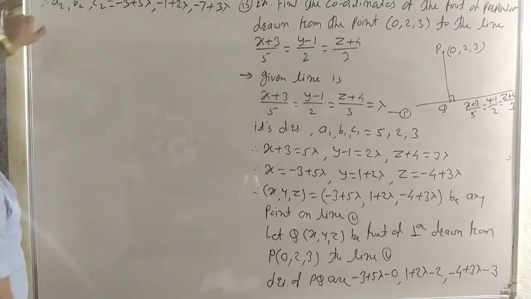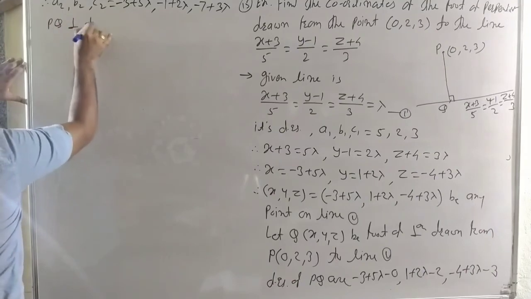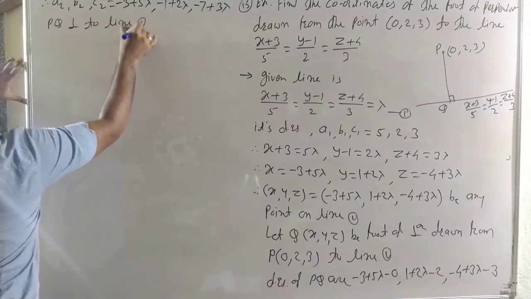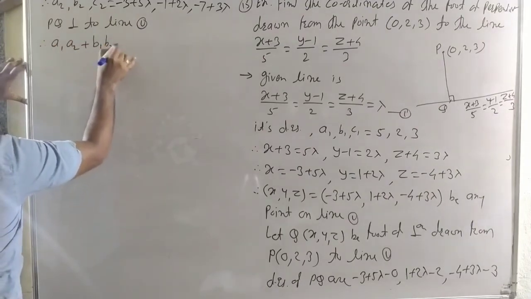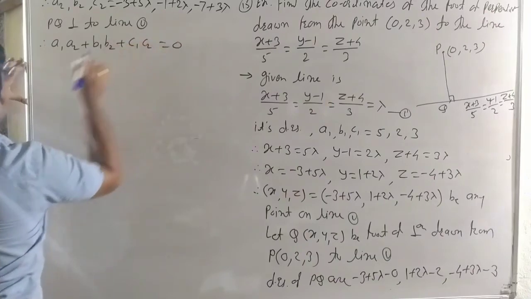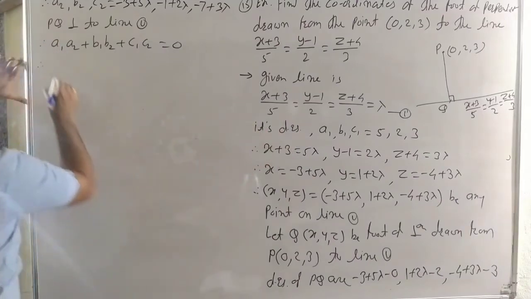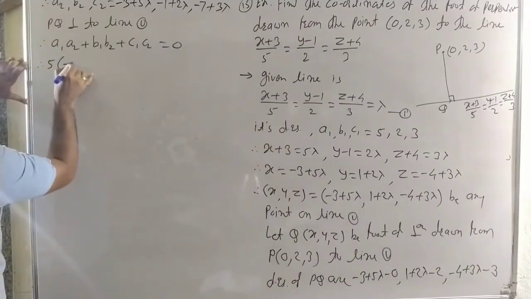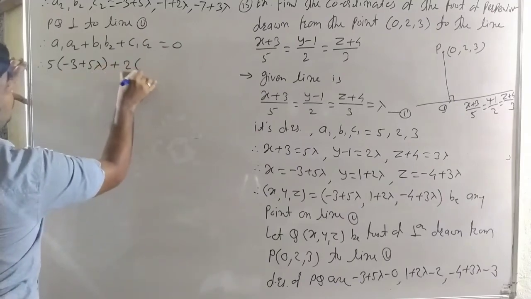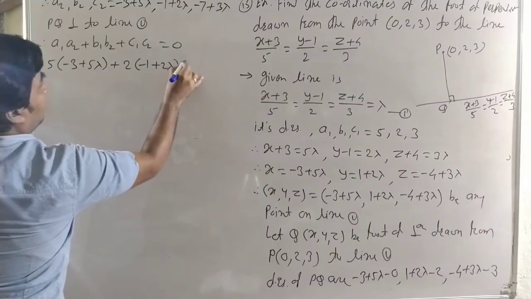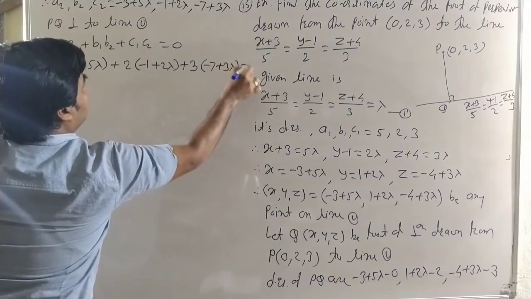Here we know that PQ is perpendicular to line 1, and therefore we can write A1A2 + B1B2 + C1C2 = 0. With A1, B1, C1 as 5, 2 and 3: 5(-3 + 5 lambda) + 2(-1 + 2 lambda) + 3(-7 + 3 lambda) = 0.